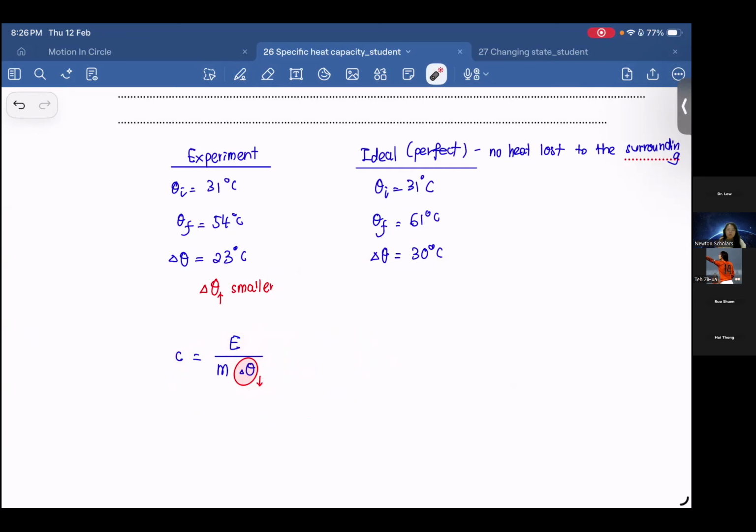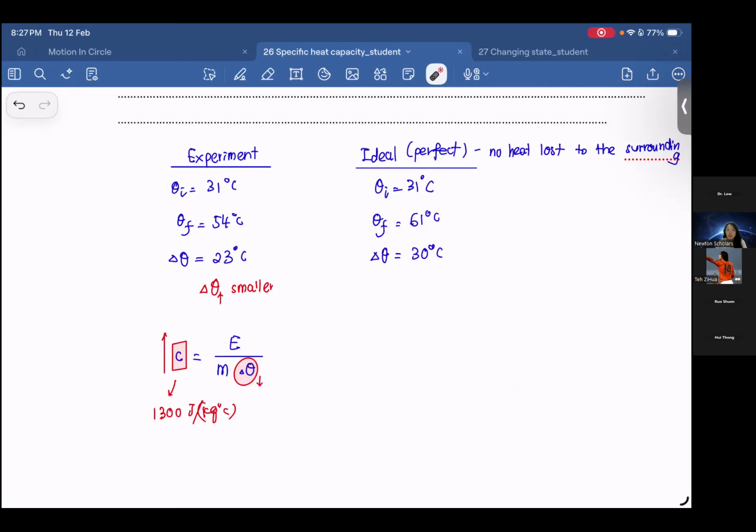High. At the end, you will get a high C. This is why from the experiment we get 1300 joule per kg per degree Celsius. In the ideal case, you divide by a larger value, so your C will be smaller, so it will be 900 joule per kg per degree Celsius.